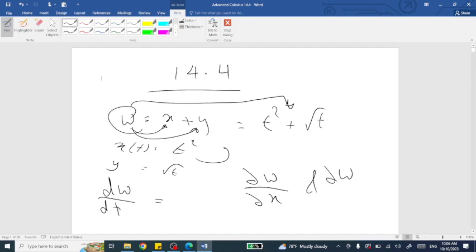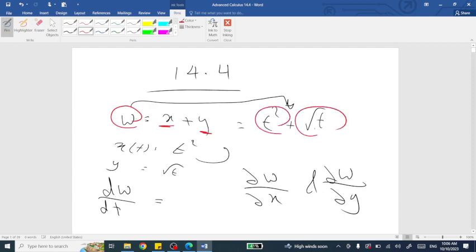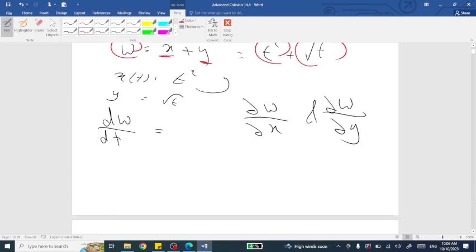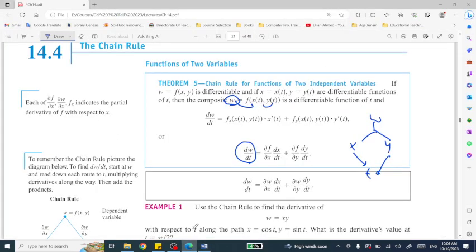And of course, partial w by partial y, because w is a function of two variables. But if you substitute, it will be only t. So feel free to substitute or not, but when we say find the partial, you need to use that one.